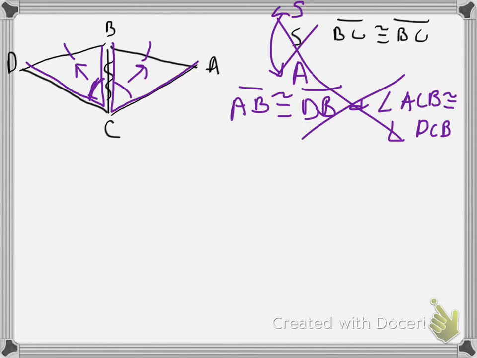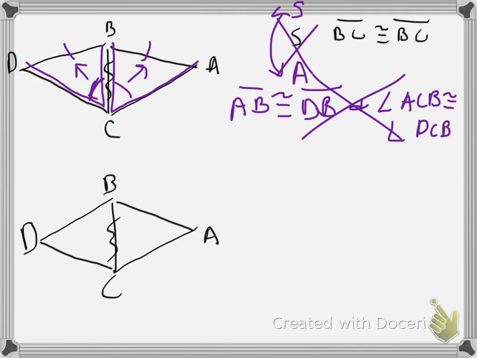Okay, we've got one more option here. Again BC is the same as itself. They said AB and DB, so I'm going to draw the same sort of look here, A and D. AB and DB are the same, we've seen that before. And then CA and CD are the same.